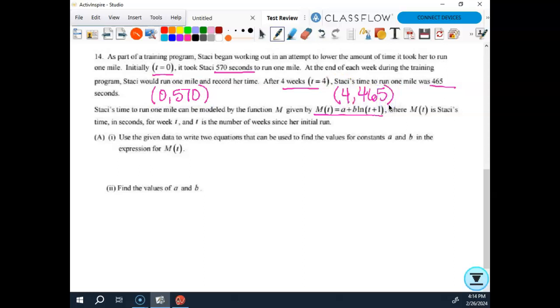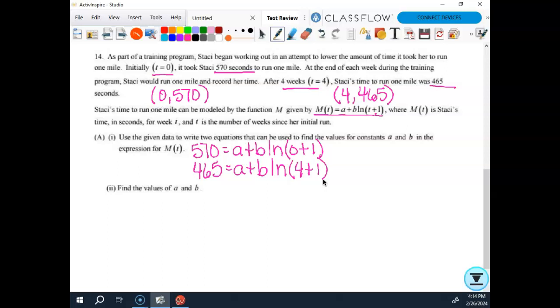So I've got my y value, 570, equal to a plus b, which I don't know, times the natural log of 0 plus 1. Then I have 465 equals a plus b times the natural log of 4 plus 1. And I would just leave it like that. Okay? We set them up.